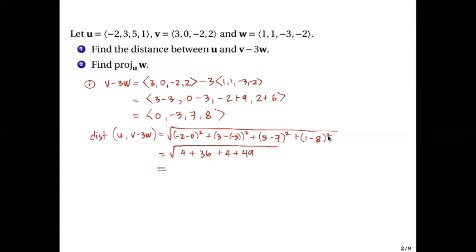So further simplification, you have here 4 plus 36, that's 40. And then 40 plus 49, that's 89 plus 4, that's 93. So this guy here, it's square root of 93. Okay? So this is the distance between those two vectors, u and v minus 3w.